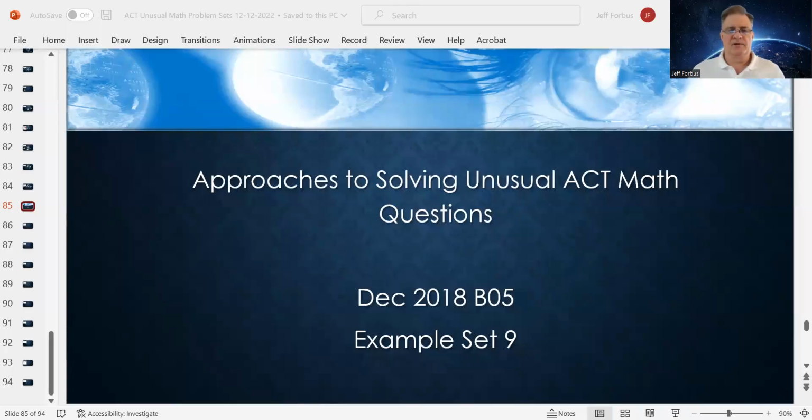Hey guys, we're continuing with these ACT math questions, the ones that I classify as conceptual or unusual. These problems have been selected because the students that I have trained in the past seem to struggle with these particular questions the most, overall as a group.